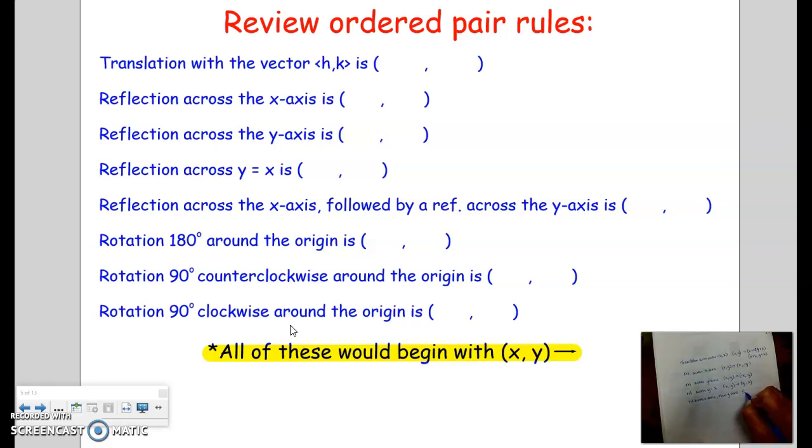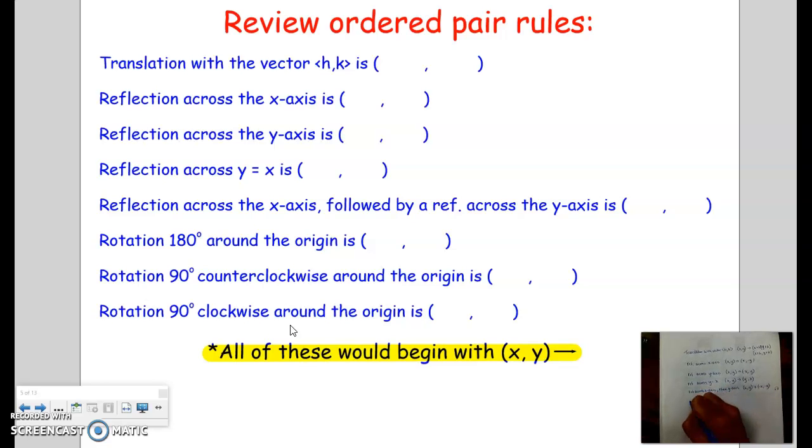So that means (x, y) is being mapped to, reflecting across the x changes the sign on y. Reflecting across the y changes the sign on x, so both the x and the y end up having a sign change: (-x, -y).